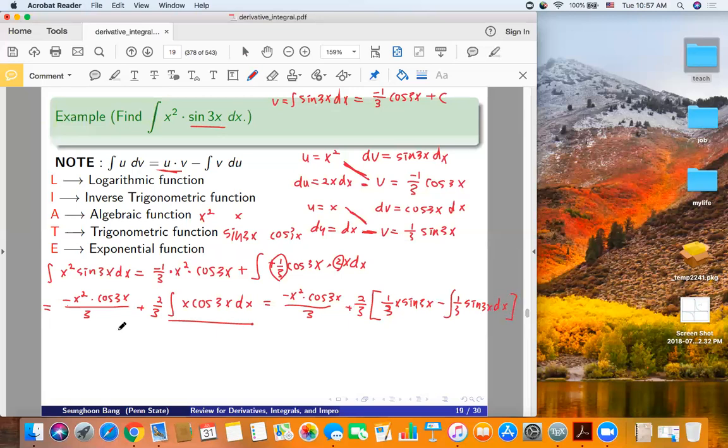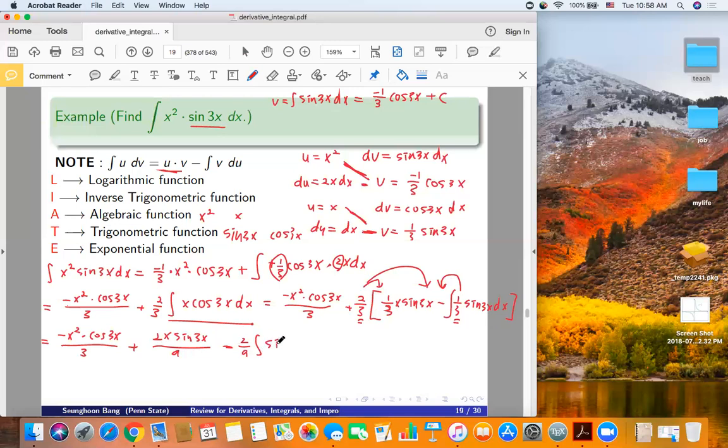Okay, close the bracket. This is the same as negative x squared times cosine 3x over 3, and distributing 2/3, the 2/3 times 1/3 is 2 over 9, plus 2x sine 3x over 9, minus, you can take out 1/3, the 1/3 times 2/3 is 2 over 9.